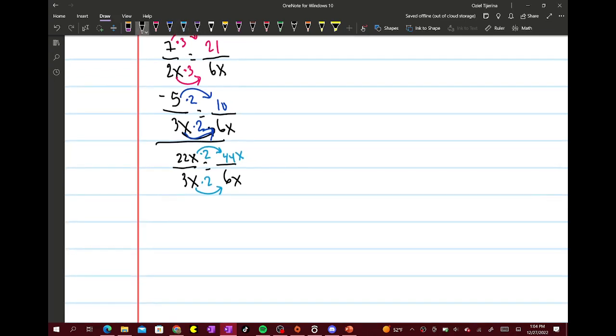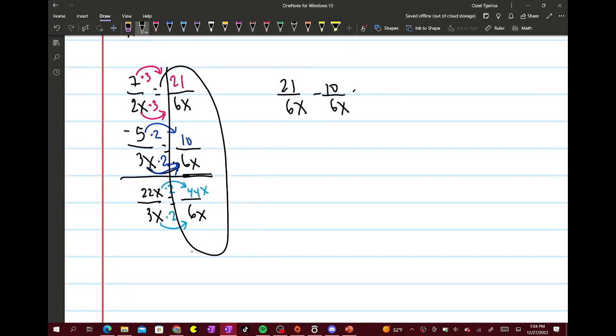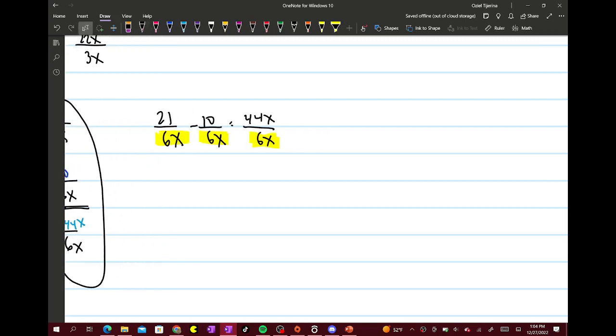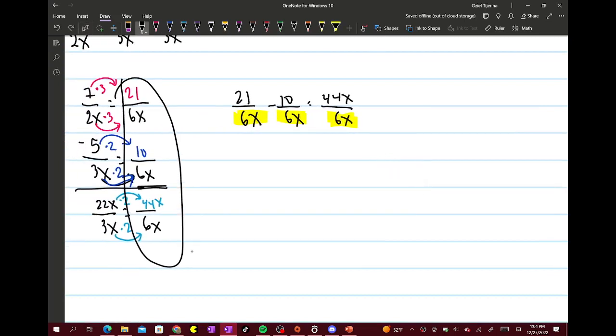So then we're left with this new equation: 21 over 6x minus 10 over 6x is equal to 44x over 6x. Now you see that they all have the same denominator, and when they all have the same denominator, you can set the tops equal to each other. So 21 minus 10 is equal to 44x.